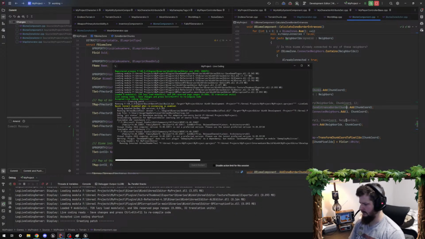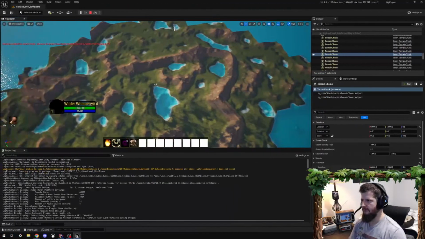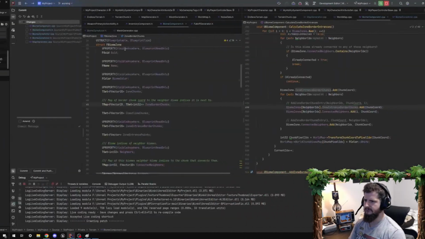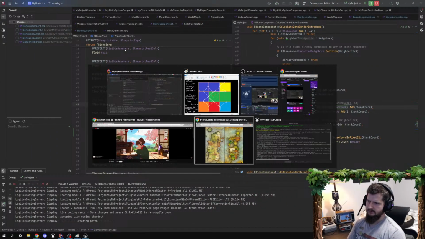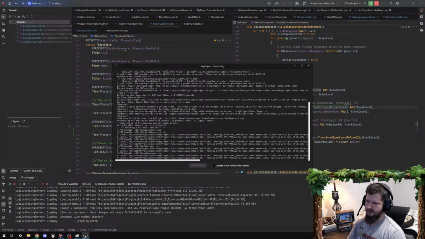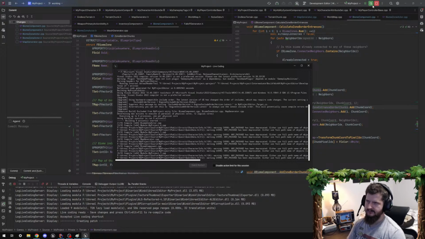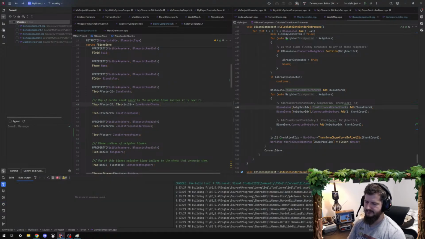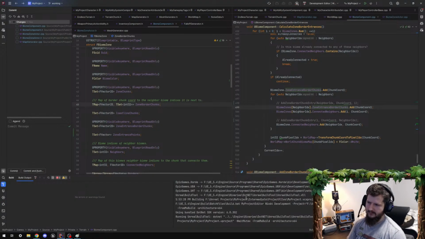Does anything get weird when I do that? Yeah, let's run live coding there. We'll see if anything gets weird. We're building a lot. Did I accidentally... Oh, I added something to a header file, so we're going to need to rebuild this. Things always get weird after touching a header file.